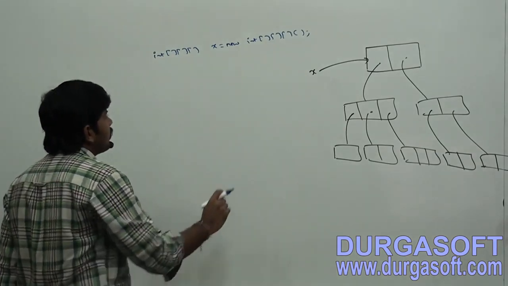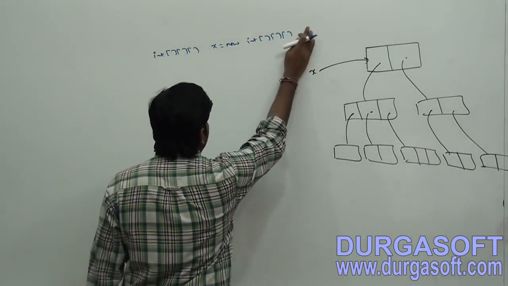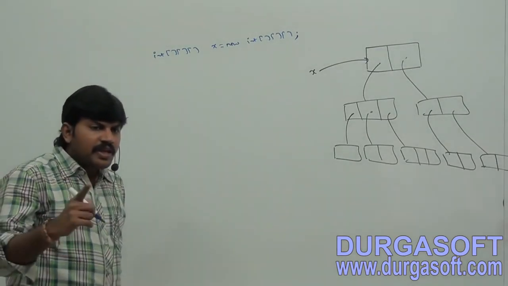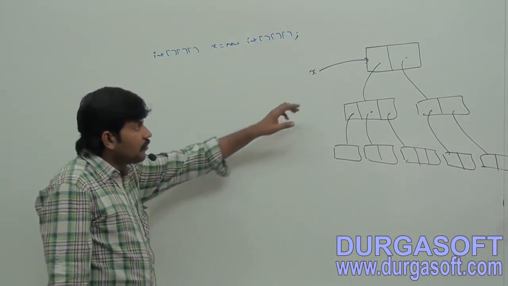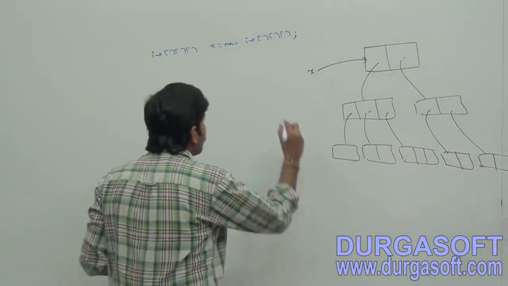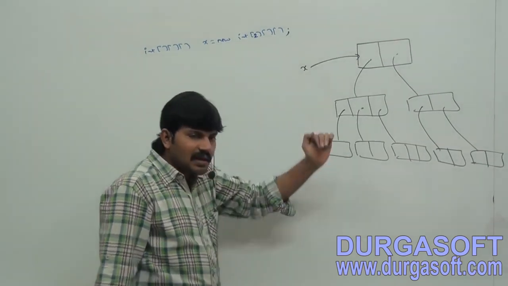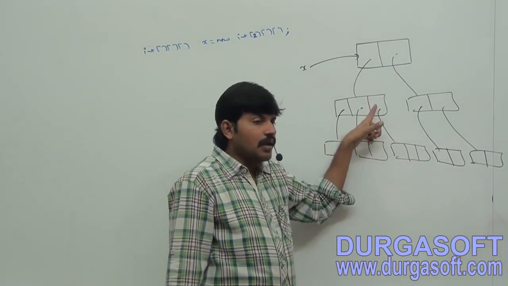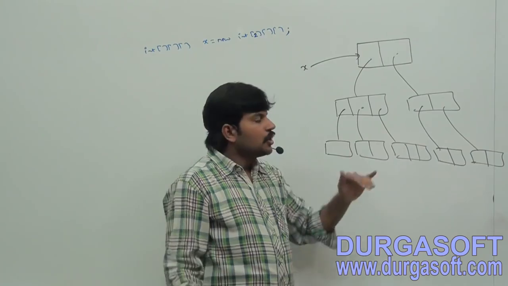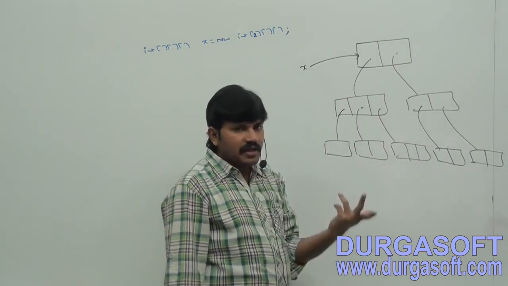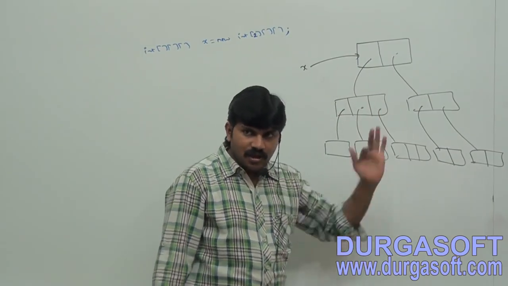What is the base size? The base size is 2, fixed, no problem at all. Can you tell what is the next level size? Sometimes 3, sometimes 2. Not fixed. If it is not fixed, leave that. Until the base level I can fix. In the next lines I will talk about the remaining.